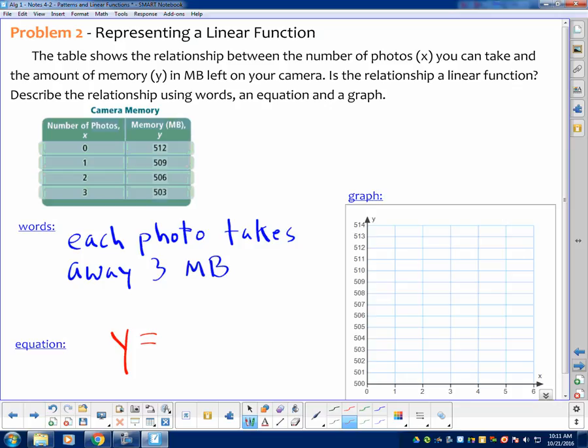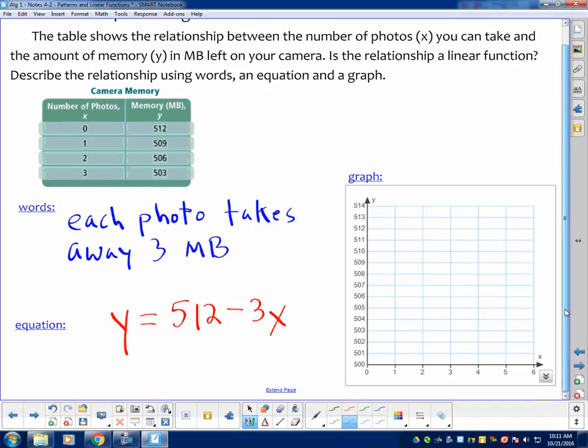So we could write 512 minus 3x, or what we'll learn when we start talking about slope-intercept form of the line. Have you ever heard of that? Slope-intercept form of the line? A couple of you remember that? Did you do a little bit of that last year? So in slope-intercept form, we would write this as y equals -3x plus 512, where the -3 is the slope, or rate of decrease here.